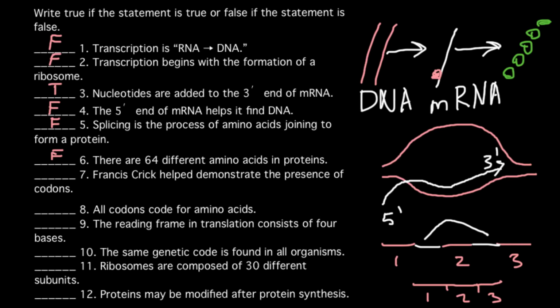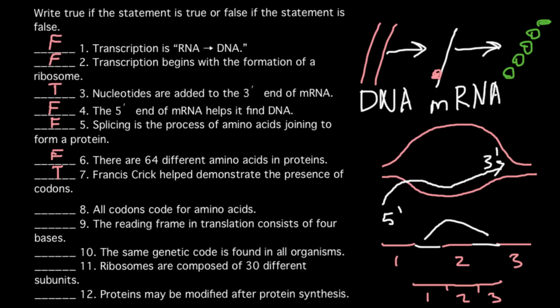He also helped to demonstrate that there is a presence of codons, and that the amino acids are coded by many different codons. So this is a true statement. Francis Crick helped to demonstrate the presence of the codons.